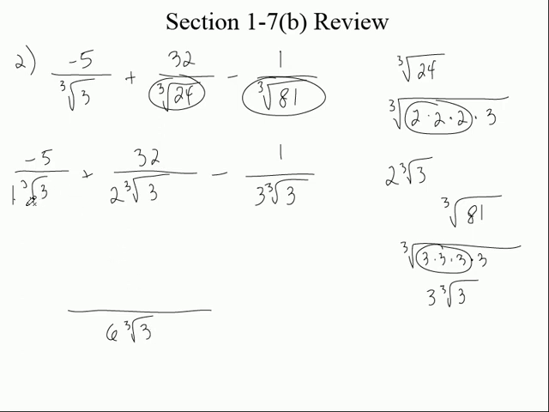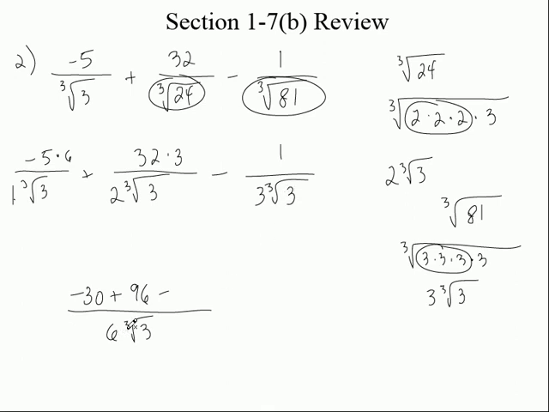Now, what did we do to this number to get to this? What did we multiply it by? 6. So what do you do up here? Multiply that by 6, and you get negative 30. Good. Plus, what do we do to this thing to get to this? By 3. So you multiply that by 3. What's that? 96. Then we put a minus. What do we do to this thing to get to this?